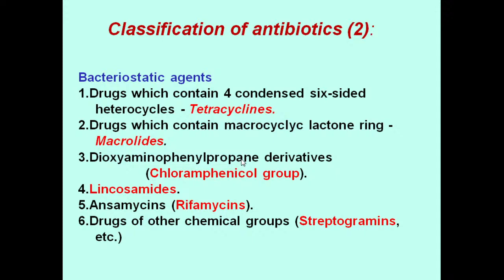Continuation of classification. We have discussed several groups of bactericidal antibiotics, and now bacteriostatics include the following antibiotics: drugs which contain 4 condensed 6-sided heterocycles, tetracyclines.